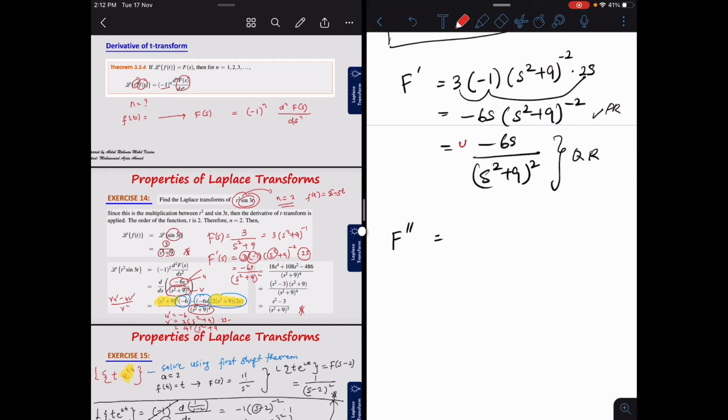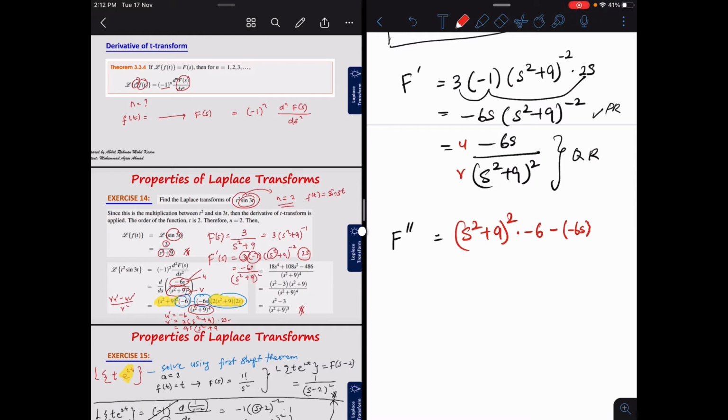We know that here is u, here is v, and the formula to differentiate is vu prime minus uv prime. So we have v first. Our v is s squared plus 9 squared.